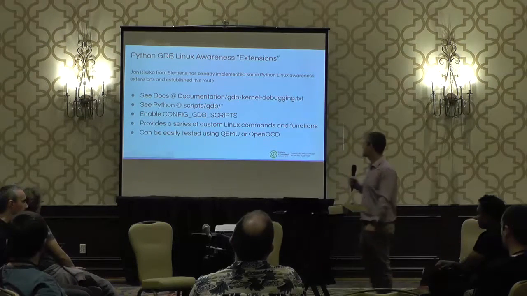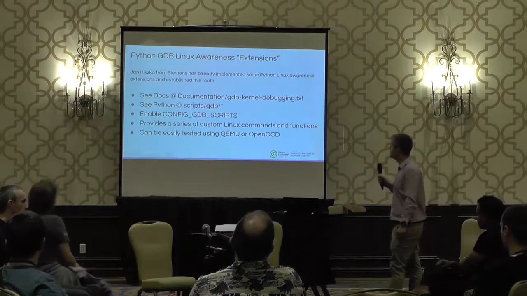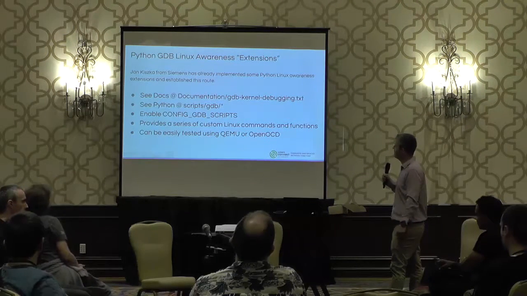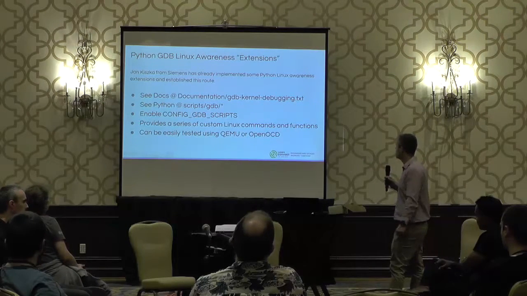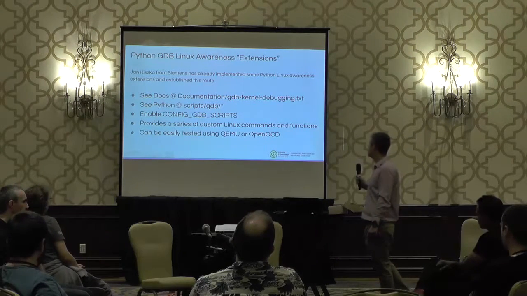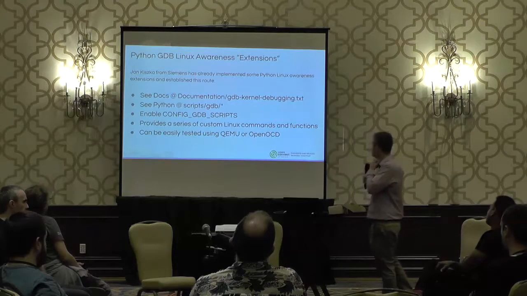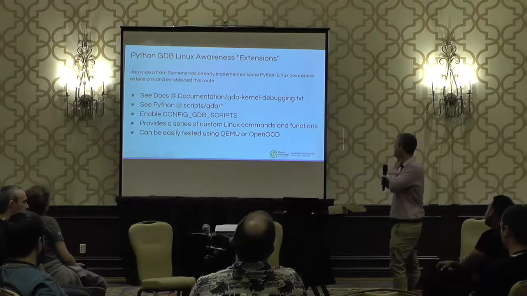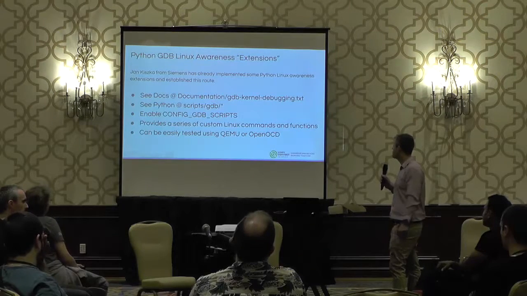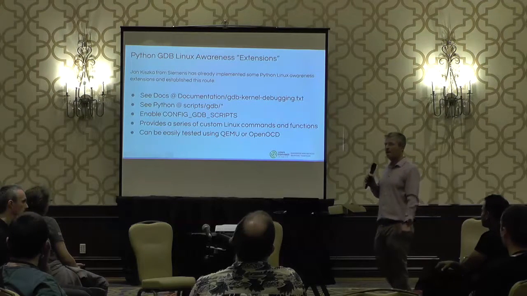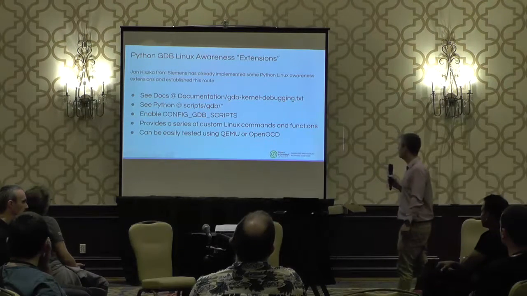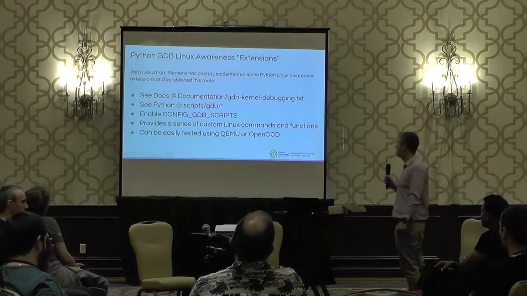This route was established by Jan from Siemens. He's merged several scripts already. You can see at the following links there: the GDB kernel debugging text file, and you enable the CONFIG_GDB_SCRIPTS Kconfig symbol.